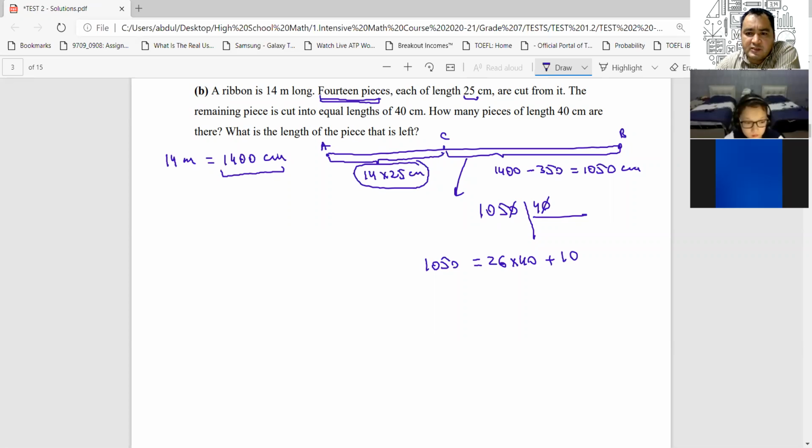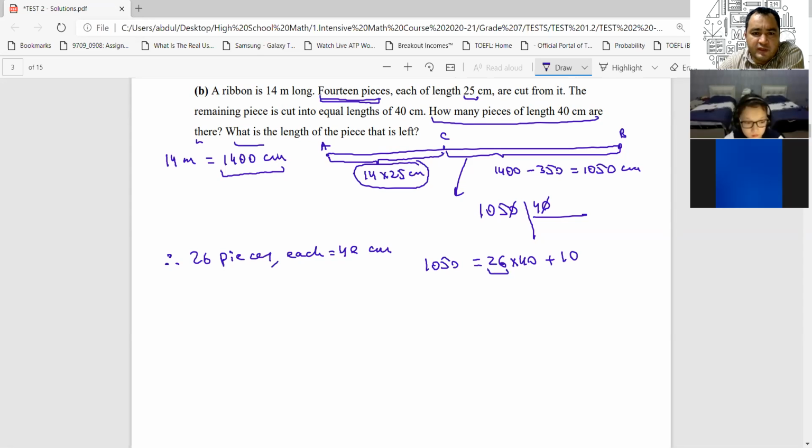So how many pieces of length 40 centimeter are there? So actually we have 26, right? So the first part is, okay, we have 26 pieces, each equals 40 centimeters. That is the answer to the first part of the question.